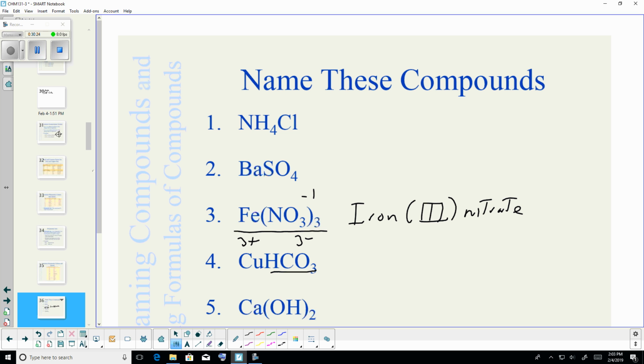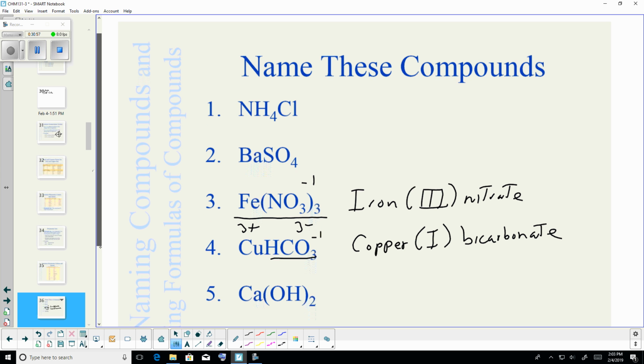You have to look in the table to figure out what the charge is on HCO3. -1, right? So this is copper 1 bicarbonate. Or copper 1 hydrogen carbonate. Either one is acceptable. What about 5?